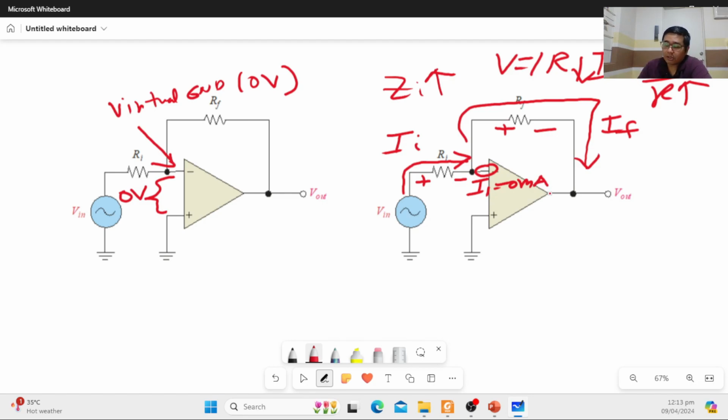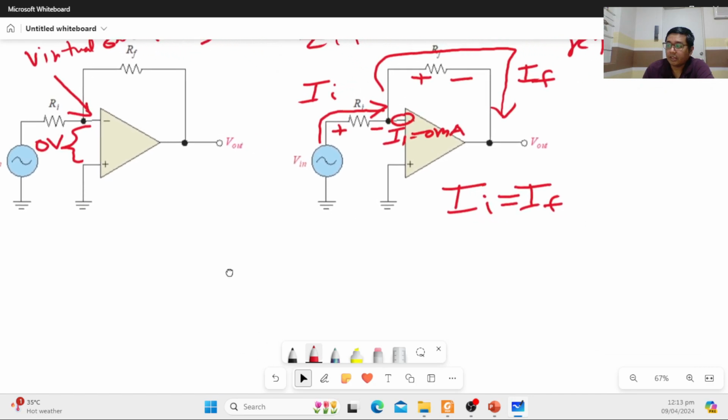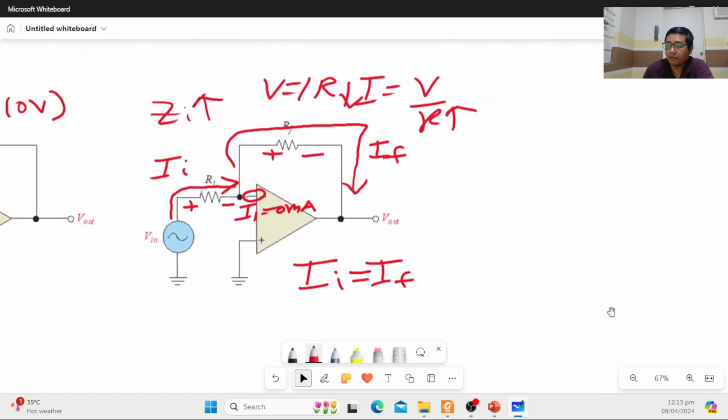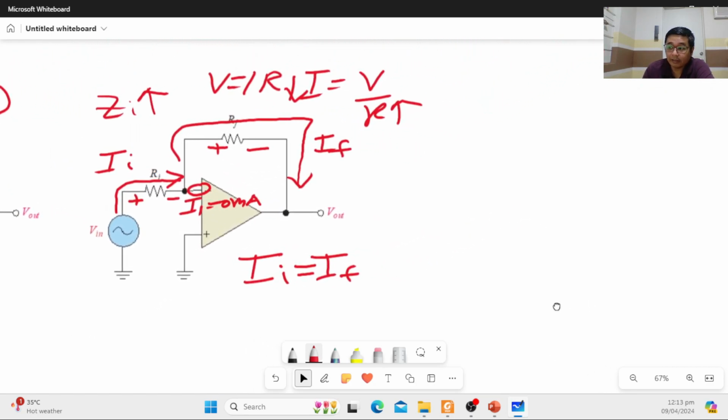So because I1 is equal to 0 milliampere, that's the reason why I sub I, or the input current, is equal to I sub F, or the feedback current. And we can write down the equation for I in, or the input current, I sub I. We have I sub I is equal to V sub I over R sub I.